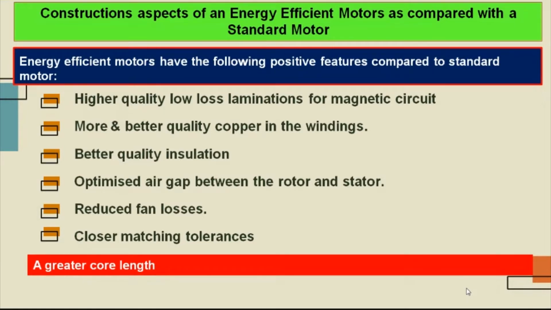The first one is that energy efficient motors have higher quality, low loss laminations for the magnetic circuit. They have more and better quality copper in the windings, then better quality insulation, optimized air gap between the rotor and the stator, reduced fan losses, and closer matching tolerances. These are some of the positive features of the energy efficient motor as compared with the standard motor.